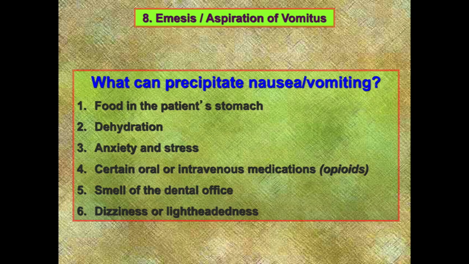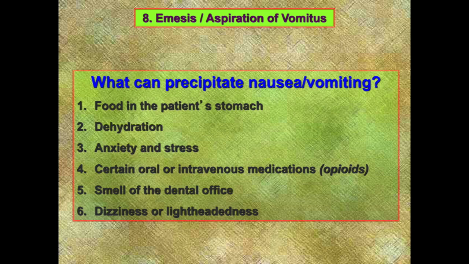Things that can precipitate nausea and vomiting are food in the patient's stomach. Patients don't tell us the truth, but if there's food there, they've made a quick stop at the McDonald's takeout, or if they're dehydrated because they followed the NPO guidelines, they could be anxious and stressed.